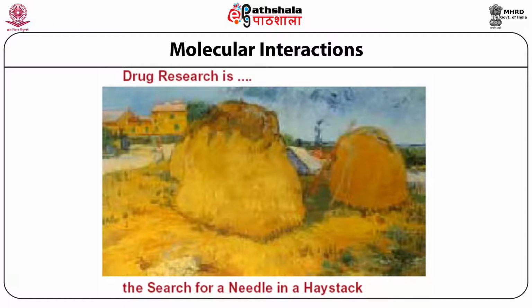I would like to show you a case study where, if we know some kind of structure of the needle, it becomes much easier to find it in the haystack. So I would like to show you this case study in a few more slides.